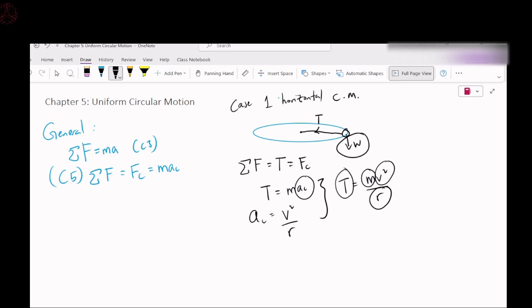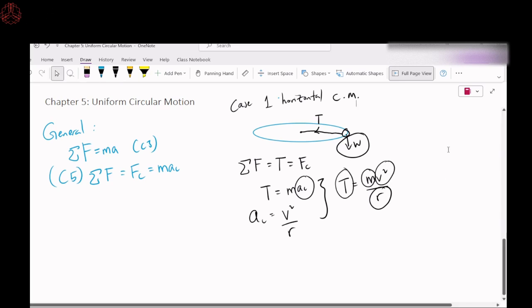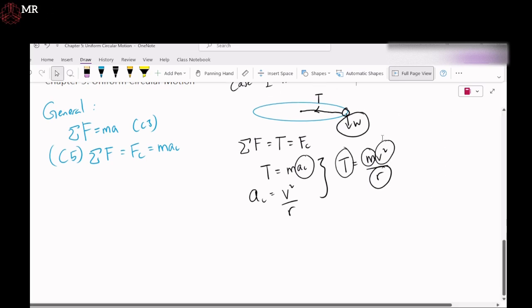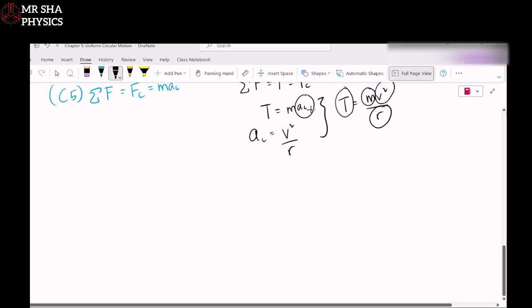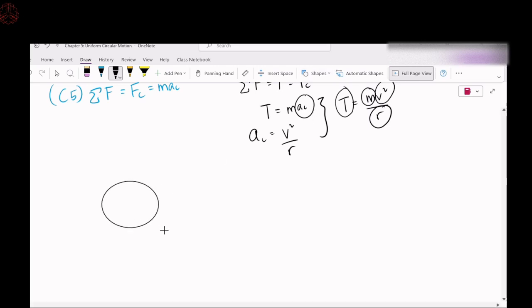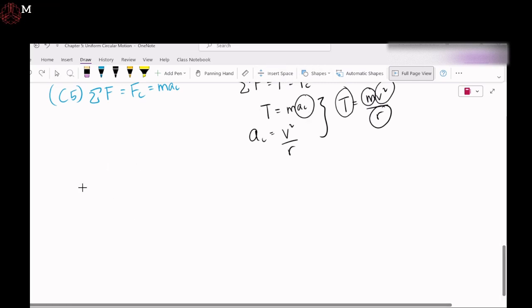Now you might ask, what if my object is not turning because of tension force? There's no string. Let's just assume it's a car. If you take the top view of the car, let me draw it out.